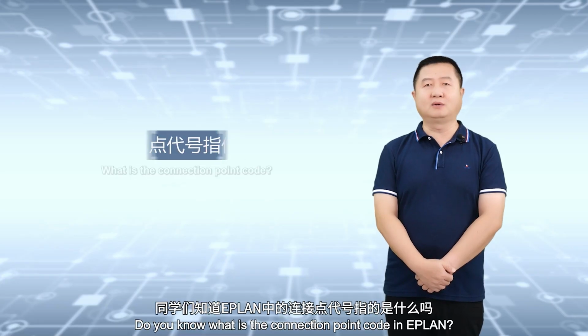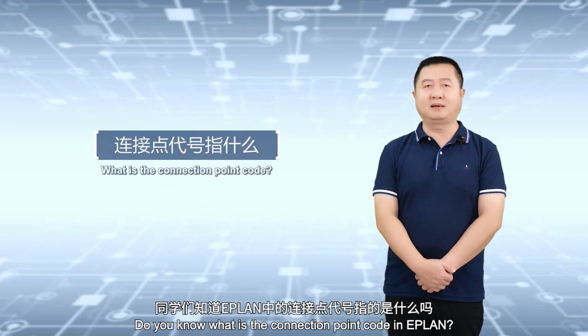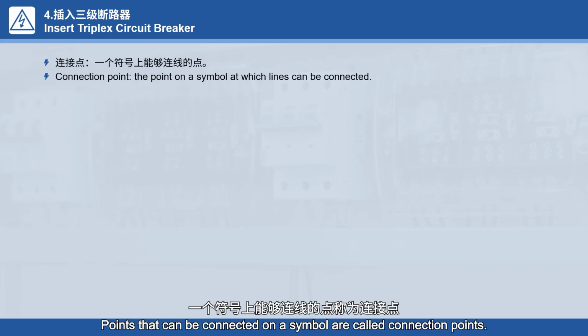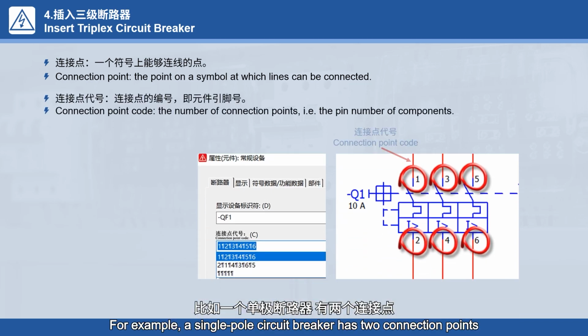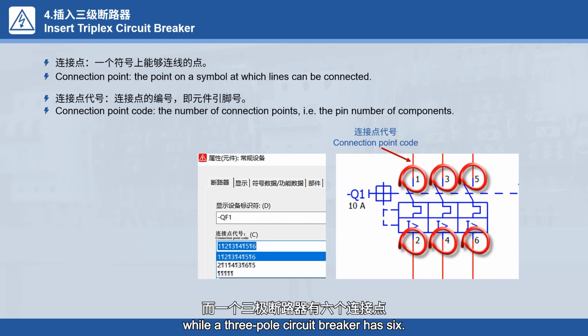Do you know what the connection point code is in E-Plan? Points that can be connected on a symbol are called connection points. For example, a single-pole circuit breaker has 2 connection points, while a 3-pole circuit breaker has 6. Each connection point has a number, which is often called the component pin number, and is called the connection point code in E-Plan.